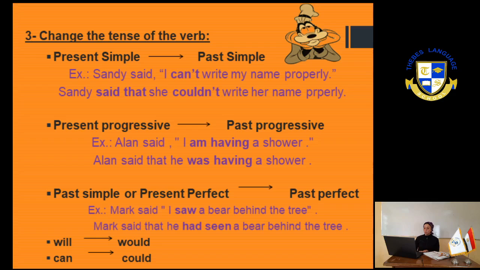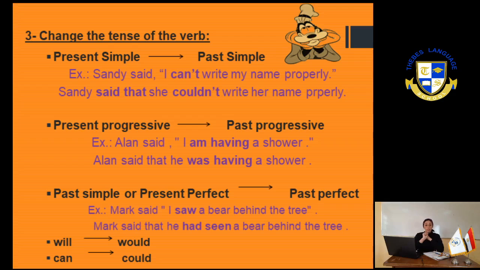Let's move to slide number 4. Please concentrate very well. Of course, you know that we have rules or steps in order to reach the right answer, right? So let's remember what are the steps that we are going to use in order to turn a sentence from direct speech into indirect or reported.